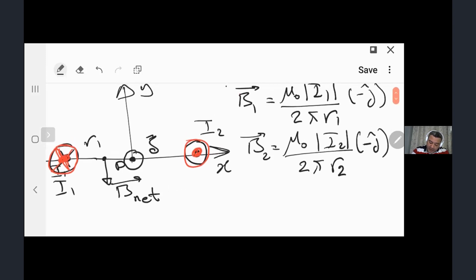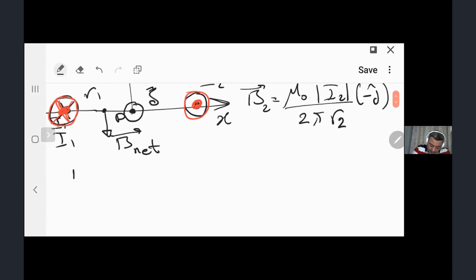Now, we know that the sum of those two vectors is going to give me also a negative direction along the y-axis. So if I put B1 plus B2, I should be getting 1 times 10 to the power minus 2 minus j hat as well.